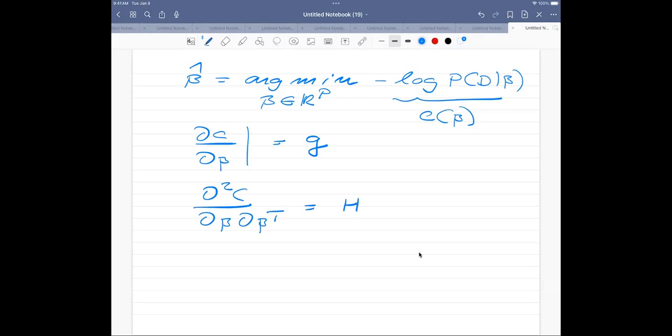So the thing we did then was to perform a Taylor expansion around the optimal value beta.